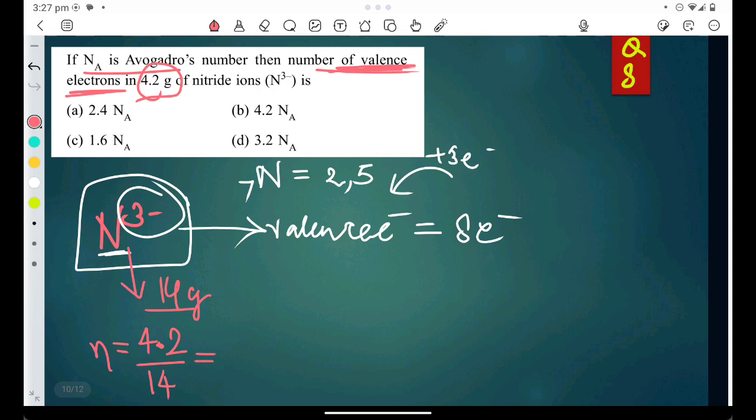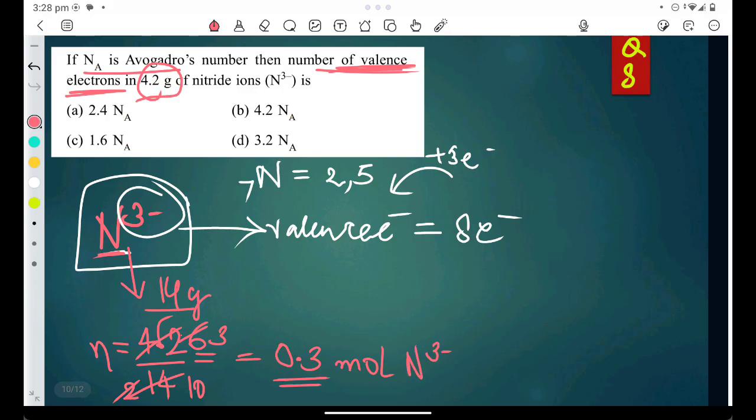This is going to give me the mole. So how much is it? 4.2 by 14, that is 0.3 mole.